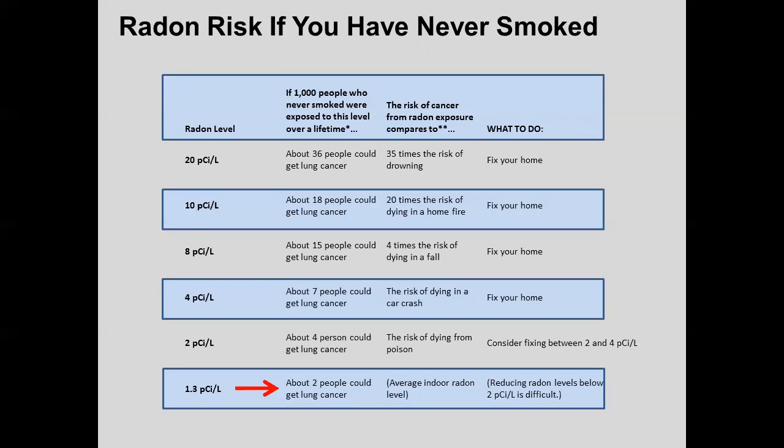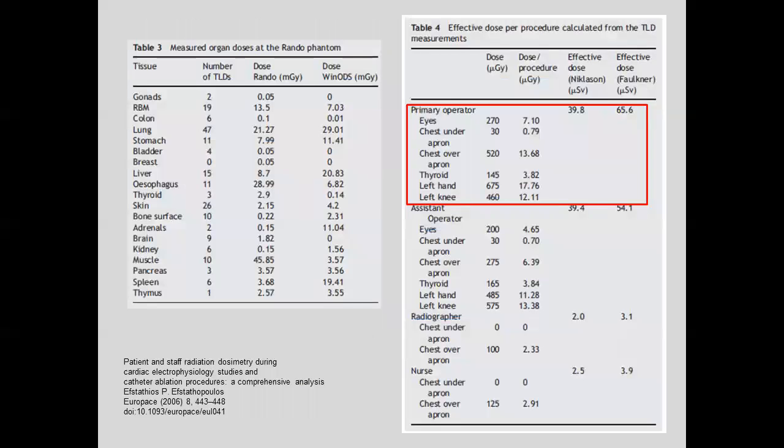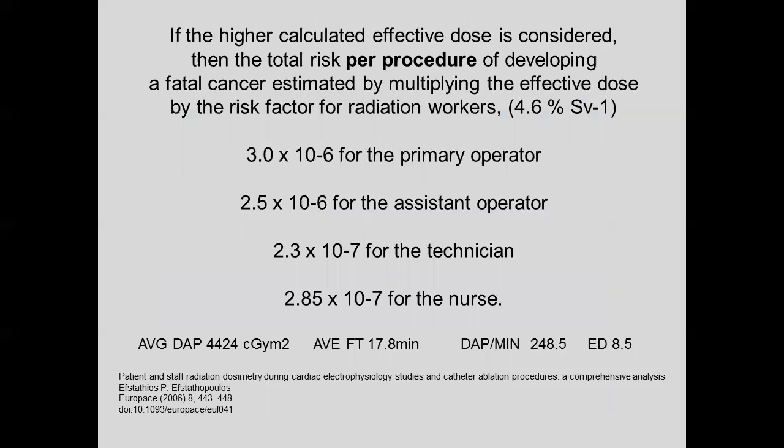So that's what I mean. You have to put it in context. If you say 1 in 500 chance of dying, it sounds bad. But if you look at other things that we do that can also cause us to die, it's actually relatively small. Okay. I'm going to skip some of this because I want to get to radiation protection.